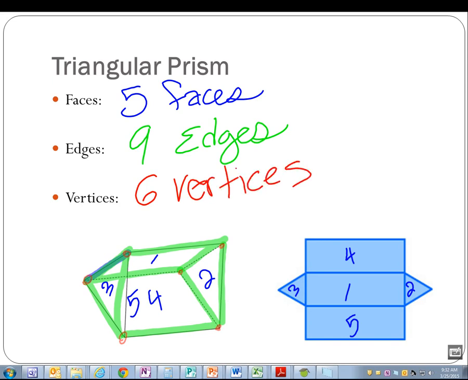Six vertices. 5 faces. 1, 2, 3, 4, 5. 9 edges. And 6 vertices. And then we're moving on.